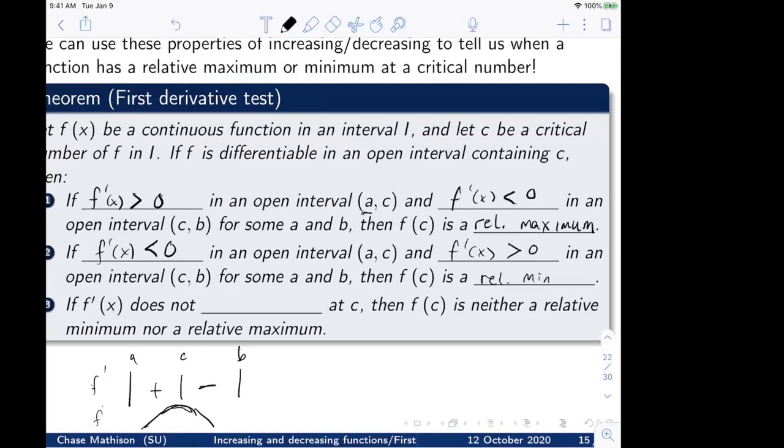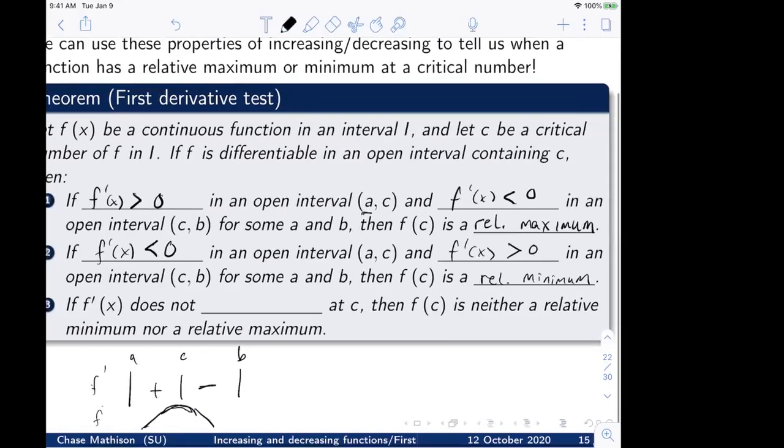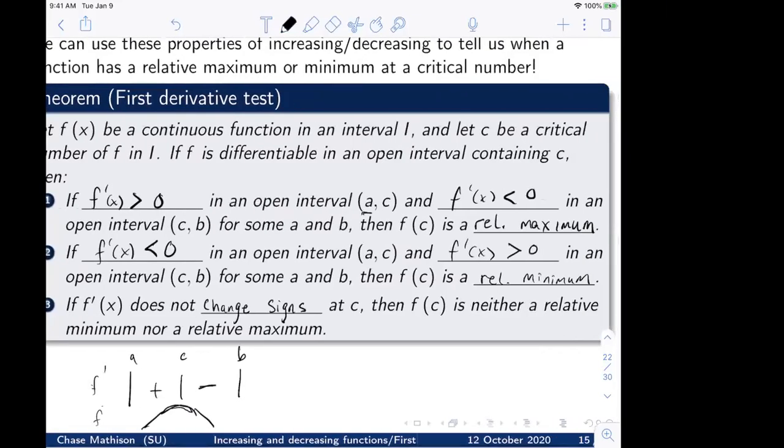This is where f goes from decreasing to increasing. Okay. And then lastly, if f prime of x does not change signs at c, then f of c is neither a relative maximum nor a relative minimum, okay?